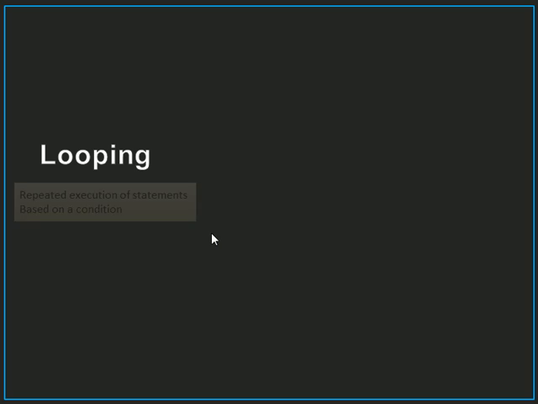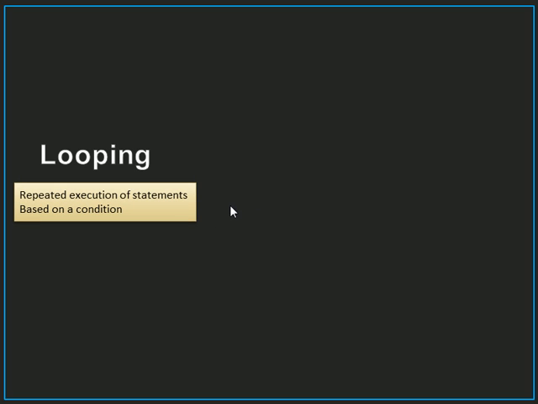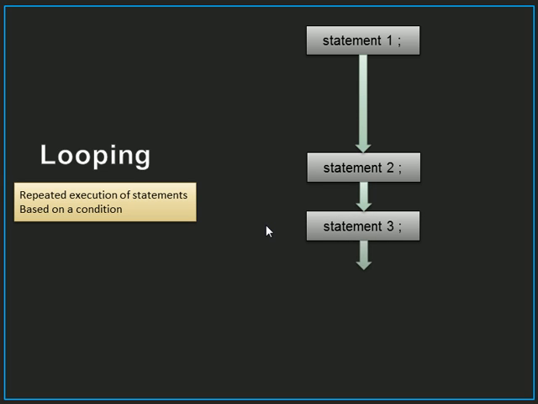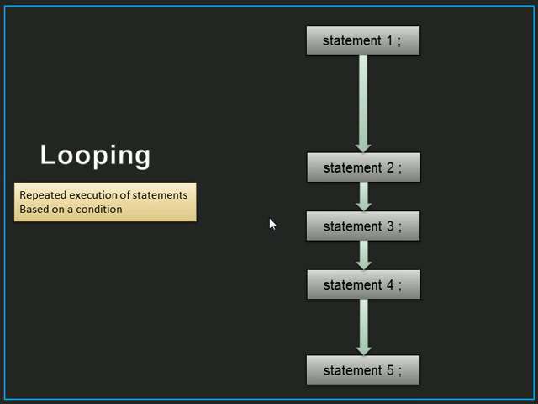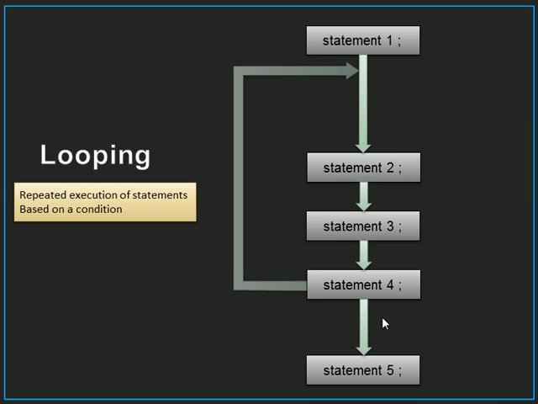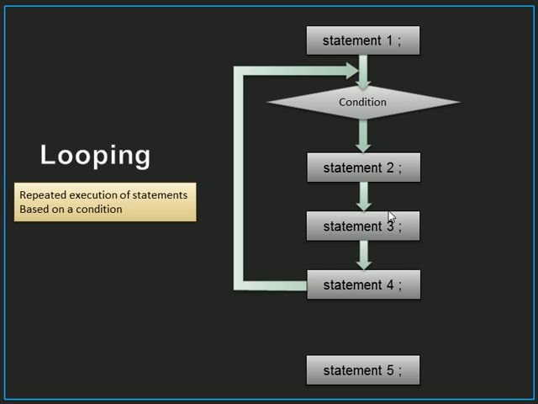So looping is nothing but the repeated execution of statements based on a condition. Let's say you have statements, the way they are executed in a C program. You have statement 1, 2, 3 and 4. Let's say you have to repeat statements 2, 3 and 4 again and again, but based on a condition.